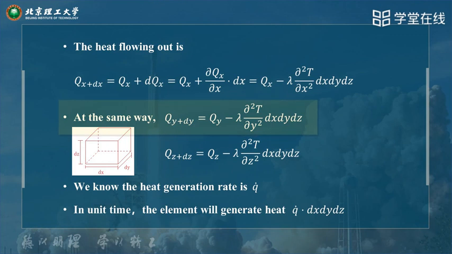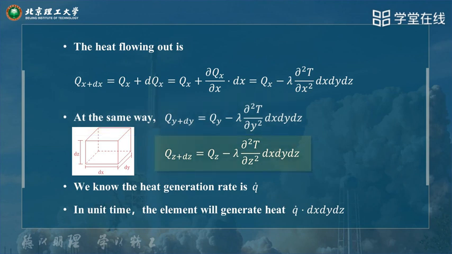In the same way, we can calculate at the y plus dy position, the heat flowing out is Qy plus dy equals Qy minus lambda partial t power second over partial y power second dx dy dz.